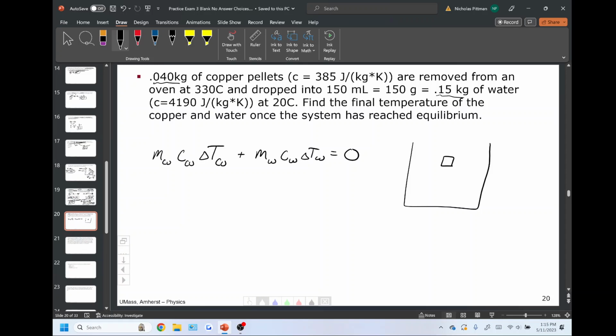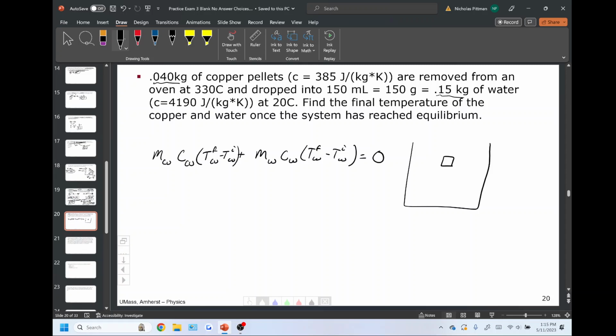All right, and let's check if we have everything in this equation. First I should replace delta T for each object with T final minus T initial. So T final copper minus T initial copper, and T final water minus T initial water.